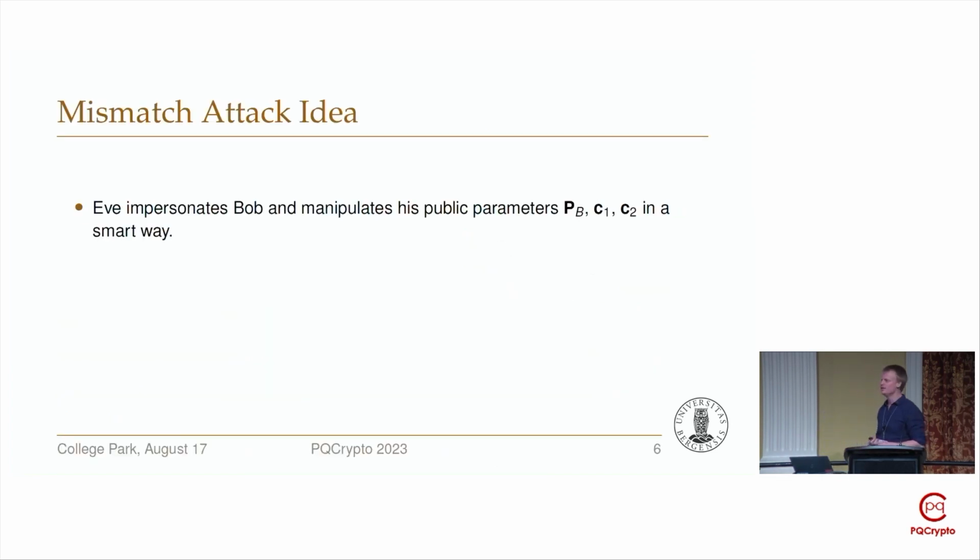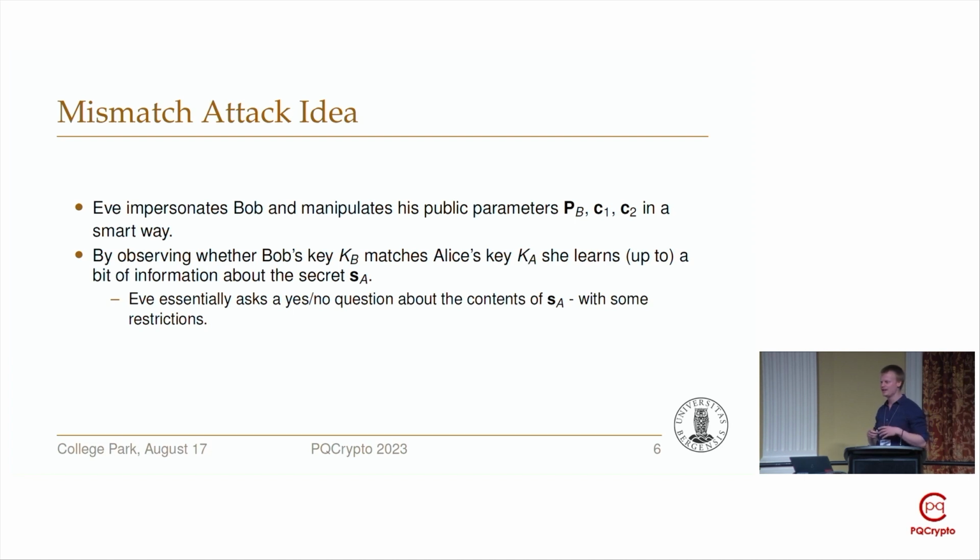So now the idea for the type of attack that we study in this paper is that Eve impersonates Bob and manipulates his public parameters p_B, c_1, and c_2. So instead of following the protocol, Eve sends sneaky values in a way such that by observing whether this leads to a match or a mismatch between the key of Alice and Eve, Eve will learn up to 1 bit of information about Alice's secret key s_A.